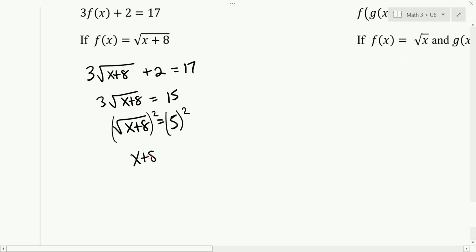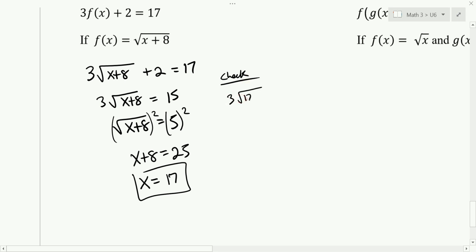You get x plus 8 is 25. Subtract 8 from both sides, so 25 minus 8, 17 as an answer. And then just check that, and you see that it works out.